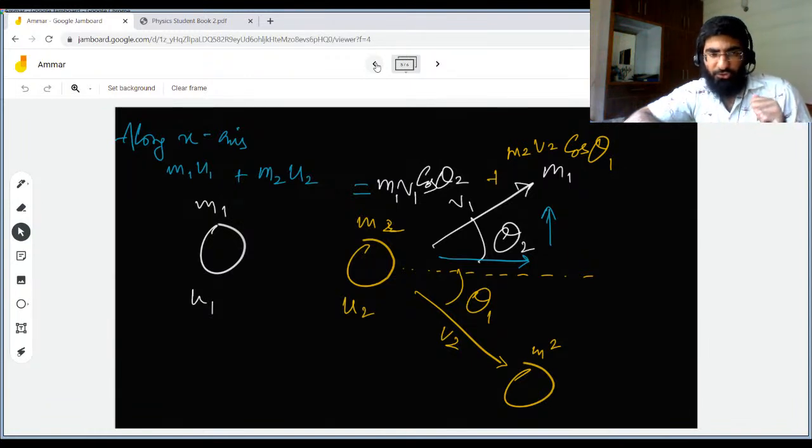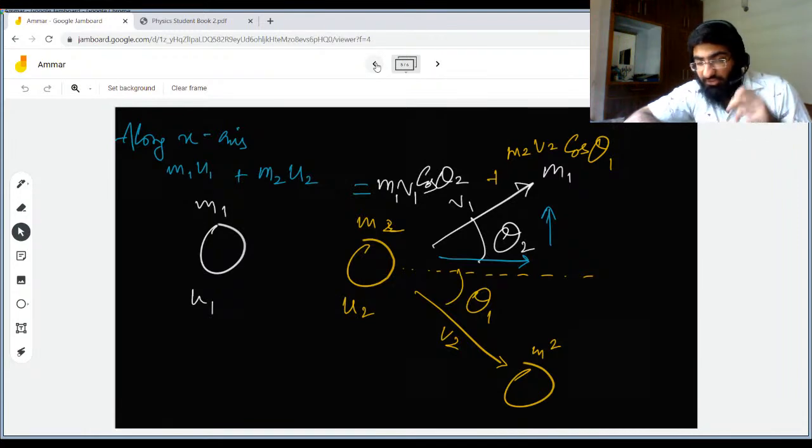If these two bodies were moving at velocities with an angle to the x-axis before collision, we would have taken their x components only. Right now I am assuming that u1 and u2 are not at an angle to the x-axis. My frame of reference for all this discussion is the x-axis, and all the angles I'm talking about are with reference to the x-axis.